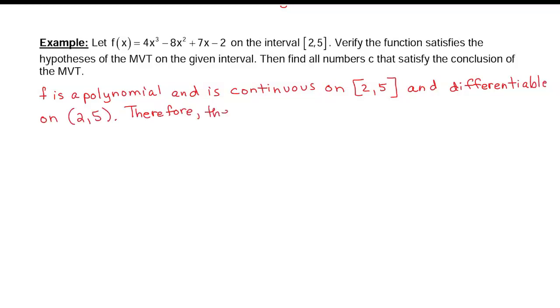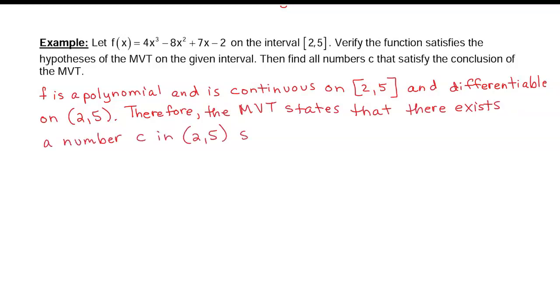Therefore, the mean value theorem states that there exists a number c in open interval 2, 5 such that f prime of c equals f of 5 minus f of 2 over 5 minus 2. So let's find the derivative of f, and then let's find the value of this slope, and we'll set them equal to each other.